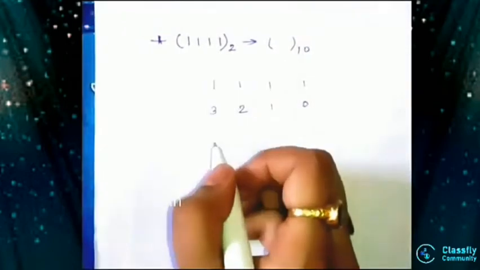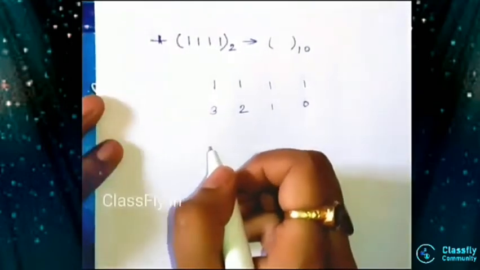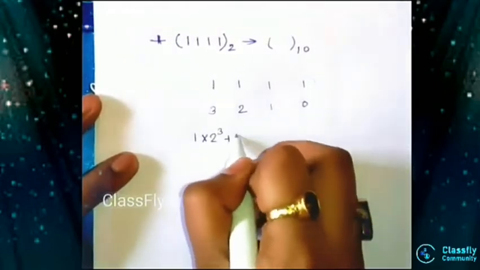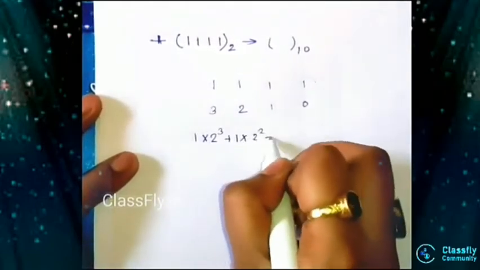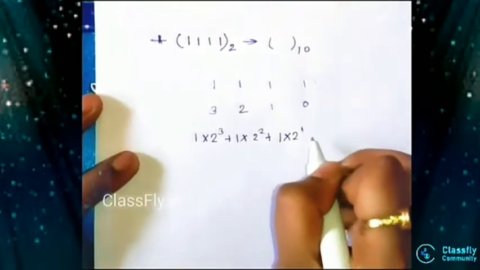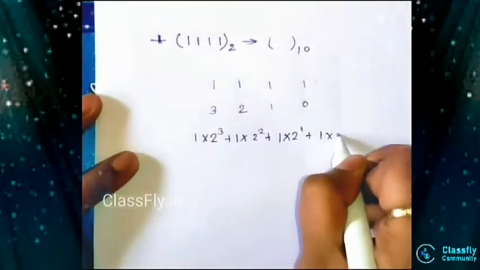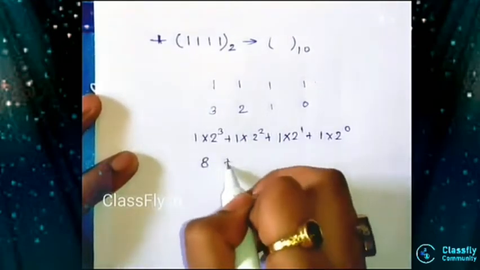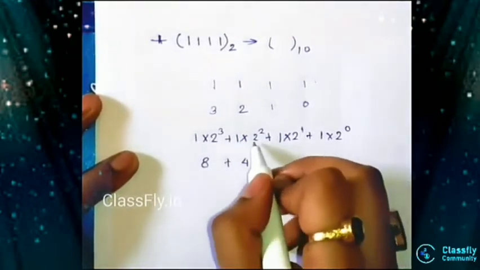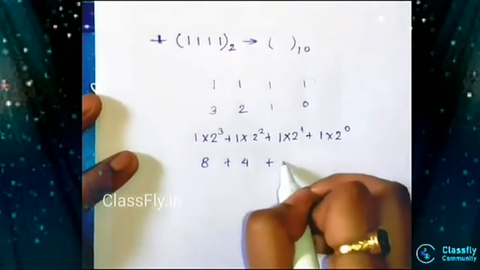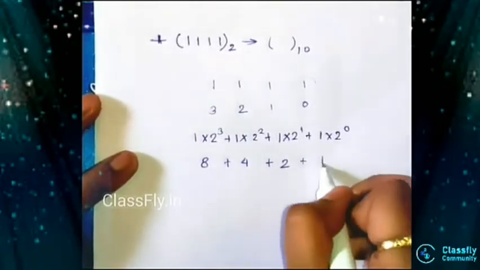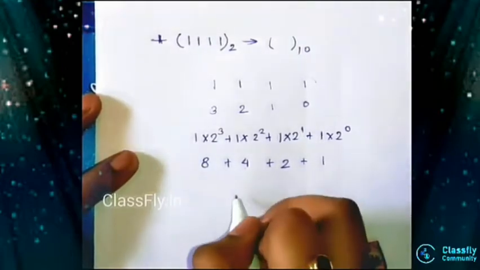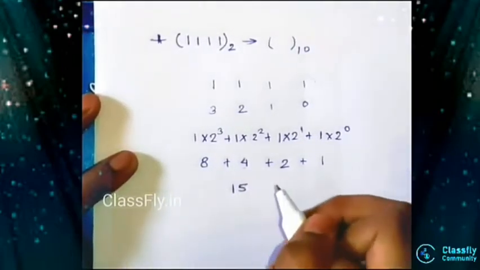So it's 1 into 2 to the power 3 plus 1 into 2 to the power 2 plus 1 into 2 to the power 1 plus 1 into 2 to the power 0. 2 to the power 3 is 8. 2 to the power 2 is 4. 2 to the power 1 is 2 and 2 to the power 0 is 1. So 8 plus 4 plus 2 plus 1, our answer is 15.